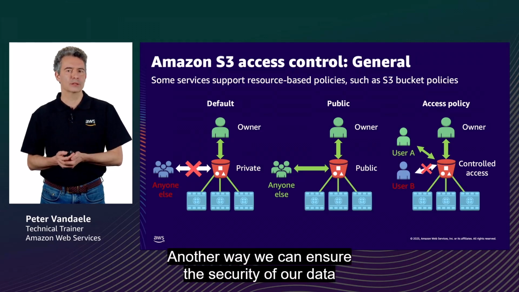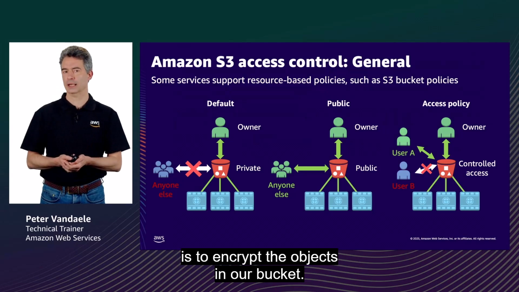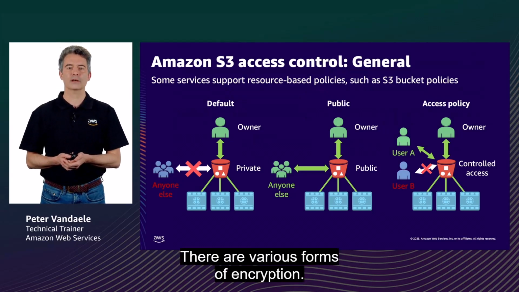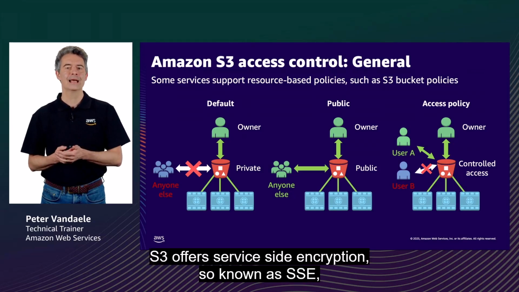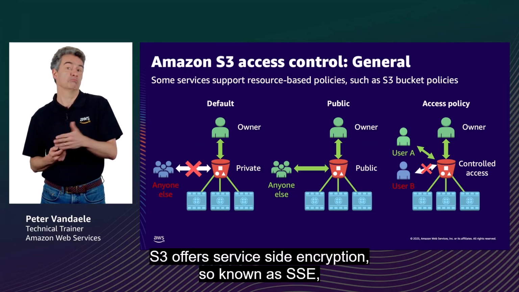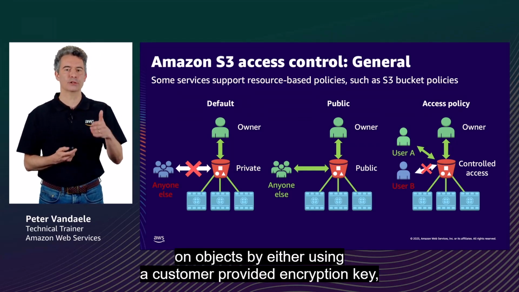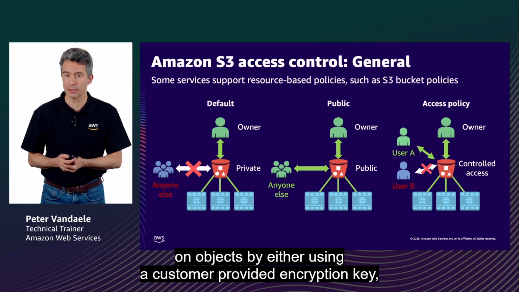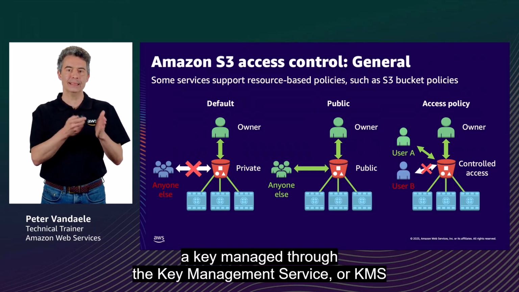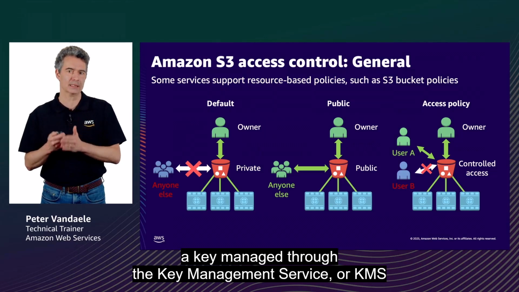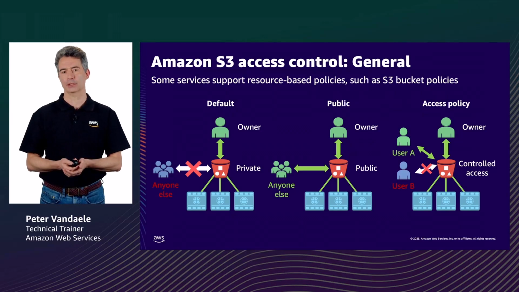Another way we can ensure the security of our data is to encrypt the objects in our bucket. There are various forms of encryption. S3 offers server-side encryption, known as SSE, on objects by either using a customer-provided encryption key, a key managed through the Key Management Service, or KMS, or have S3 itself manage the encryption key.